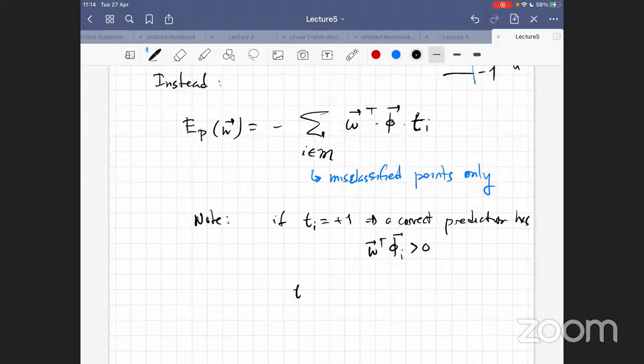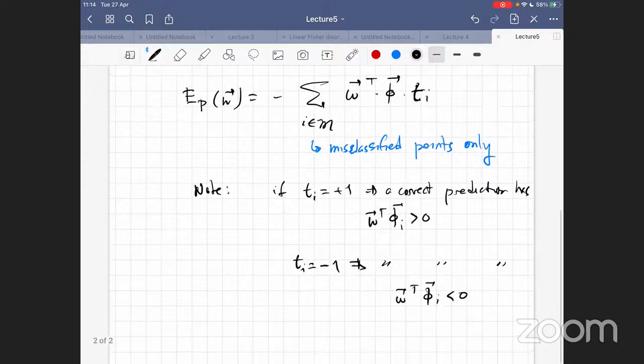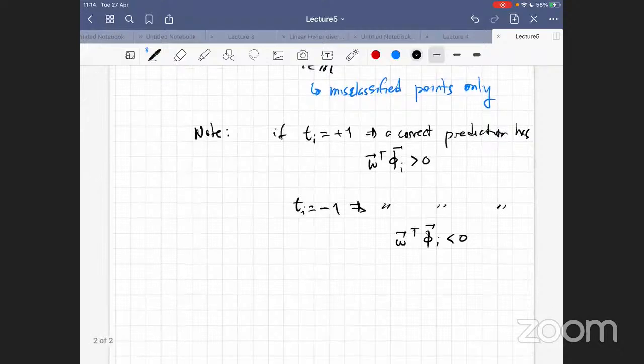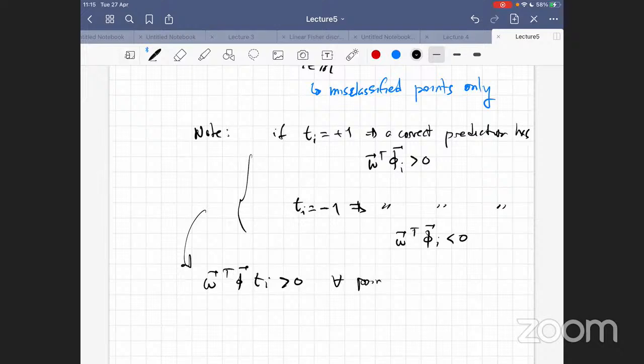And if, on the contrary, this is -1, then a correct prediction has the opposite. So combining these two, this object is always like this for all points which are correctly classified.